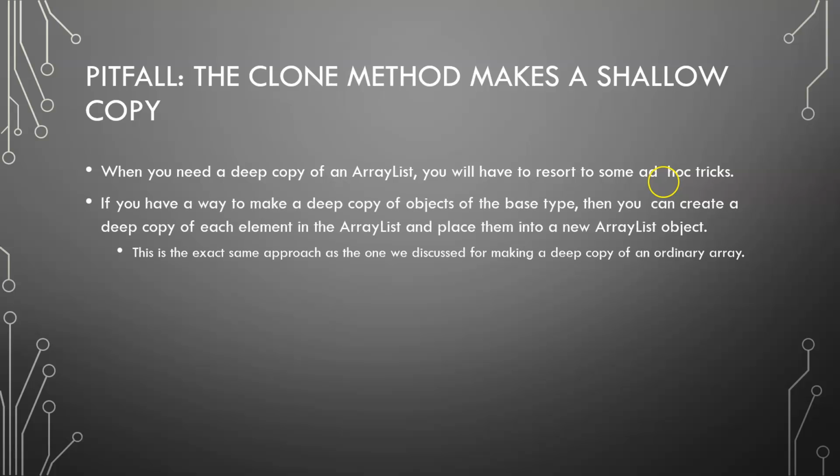If you have a way to make a deep copy of the objects of the base type, then you can create a deep copy of each element of the ArrayList and then place them into a new ArrayList object. This is pretty much the exact same approach that we discussed when we want to make a deep copy of an ordinary array. Right? So you pretty much have to make a second array and transfer everything over. It's not going to be as simple as a .clone or setting an array equal to this other array, or an ArrayList equal to this other list. It doesn't quite work like that because, again, those are only shallow copies.